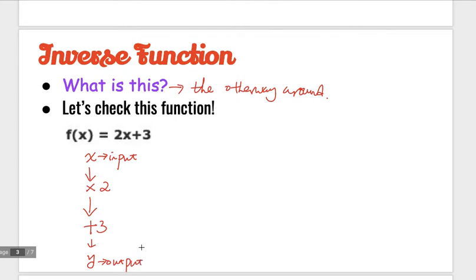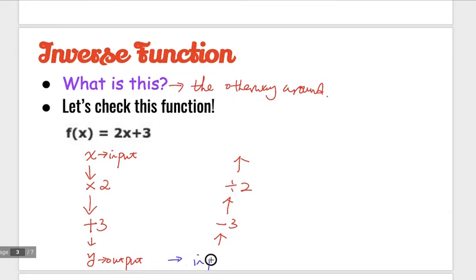So the inverse function is like I'm going to reverse all the process here. For this function, it's plus 3, so the inverse is going to be minus 3, and then whatever the answer is, I divide by 2, and so the output is going to be my new input in this case. That's what I'm talking about, the other way around.